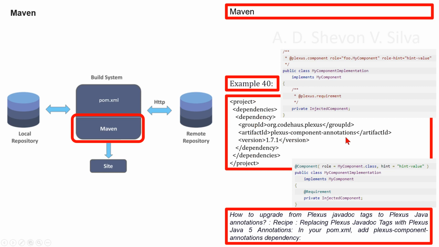In your Java sources, replace Javadoc tags with the corresponding Java 5 annotations.